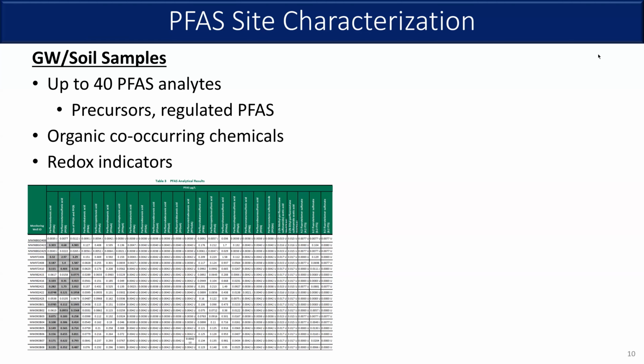Redox zones are important because with PFAS, there are some PFAS precursors that can actually biodegrade to the PFAS of concern and cause an increase in concentrations of those PFAS of concern. And that tends to occur mainly under aerobic conditions. So sometimes if we're a little bit worried we might have precursors naturally biodegrading, causing higher concentrations of regulated PFAS, we might need to look at redox indicators as well to evaluate where that may occur at a site.